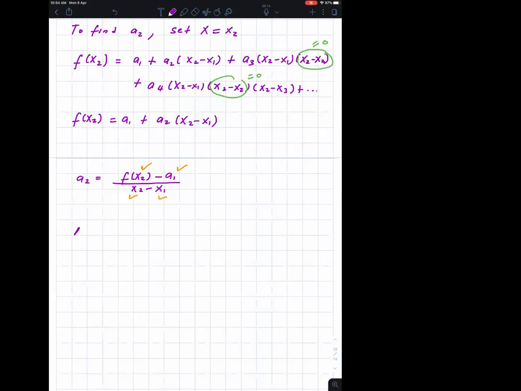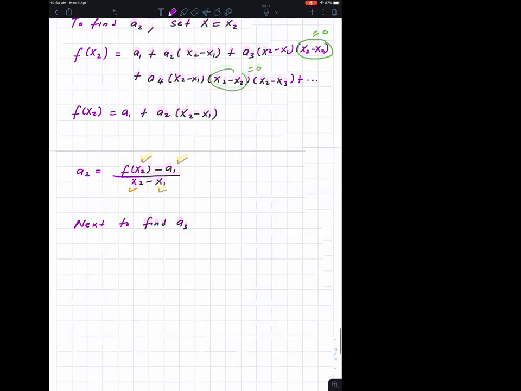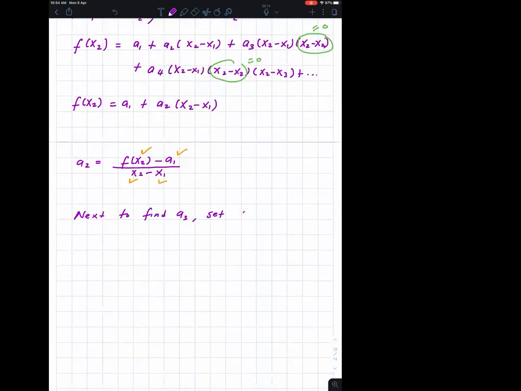Next, to find A3, set x equal to x3, therefore fx3 becomes, so just the same formula as before.